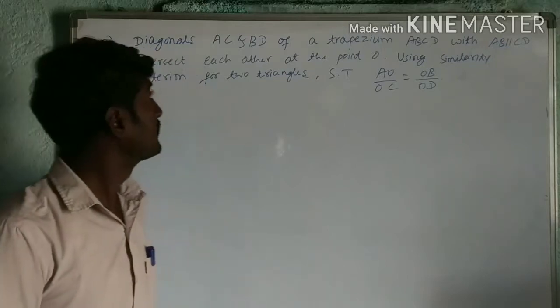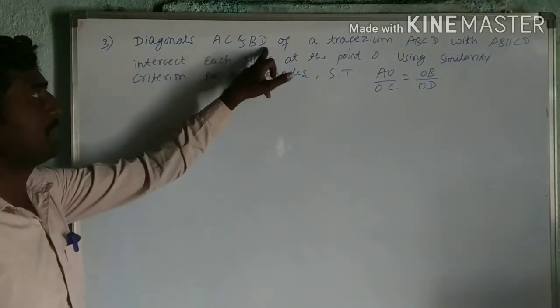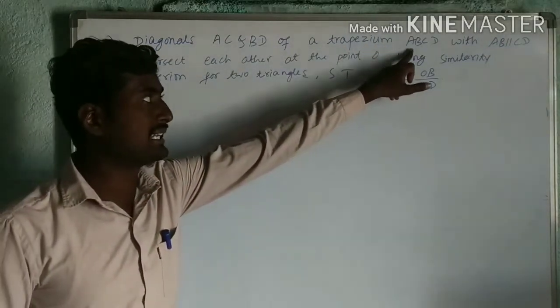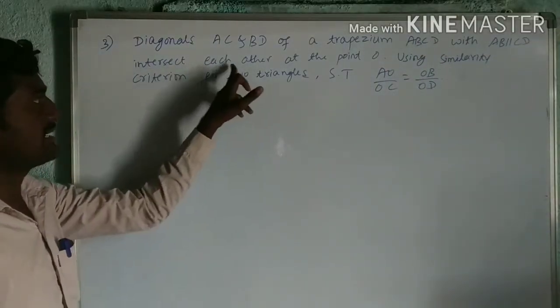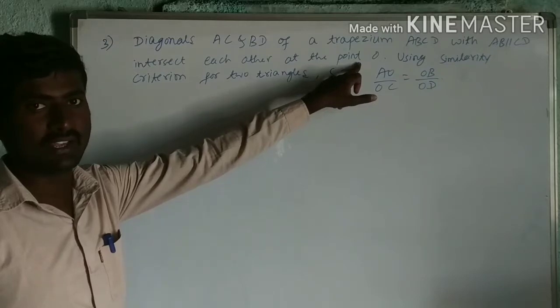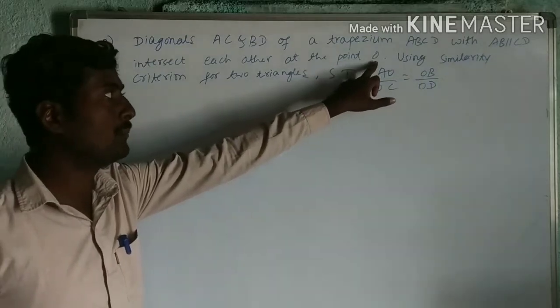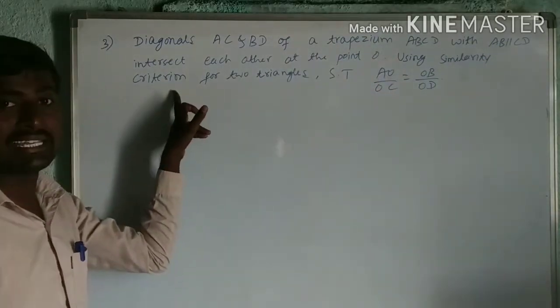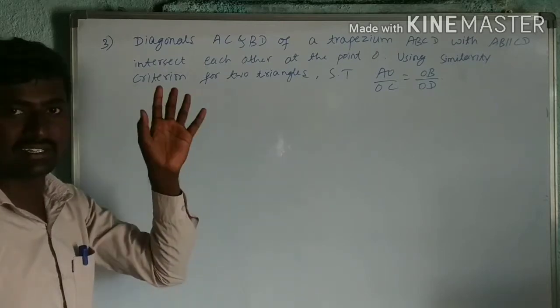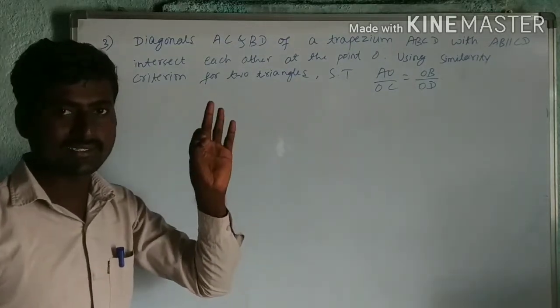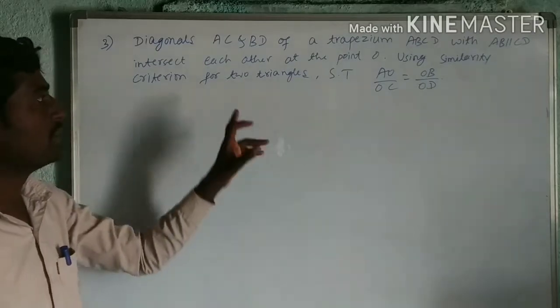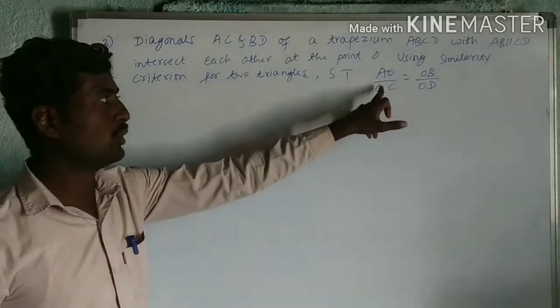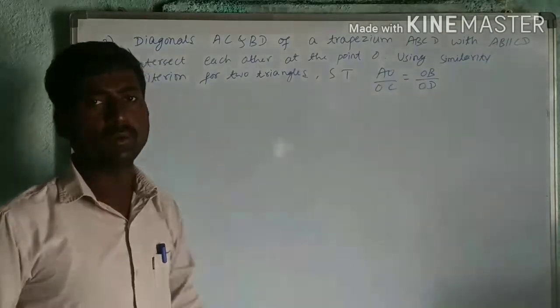Next, the third one. Diagonals AC and BD of trapezium ABCD with AB parallel to CD intersect each other at the point O. Using a similarity criterion, it may be AAA, SSS, SAS or AA similarity criterion, we have to show that AO by OC is equal to OB by OD.